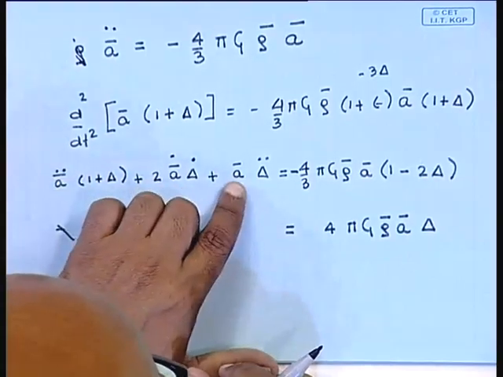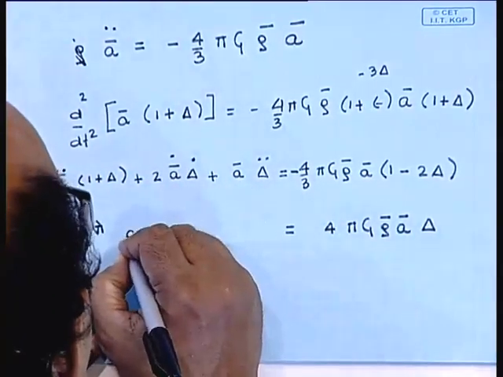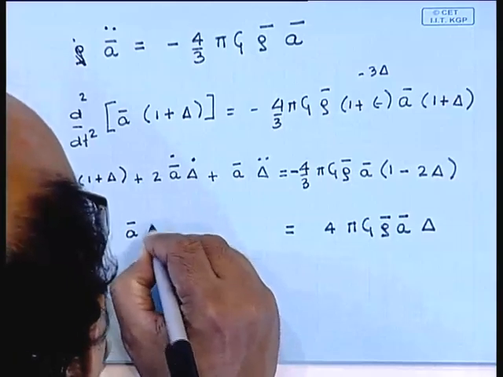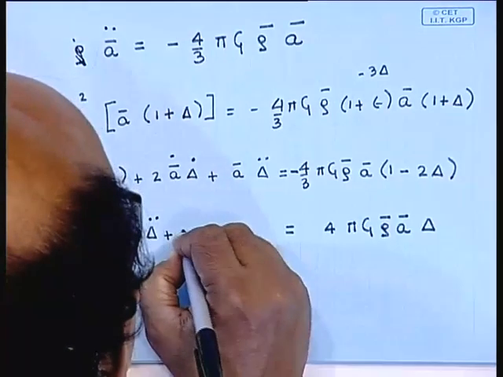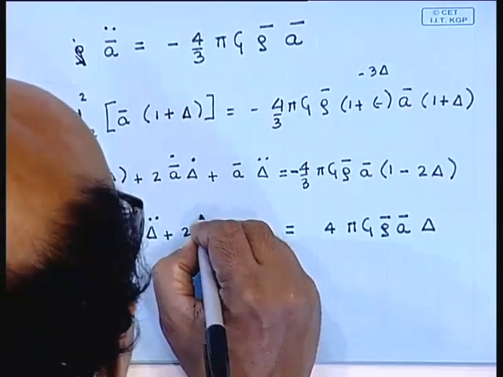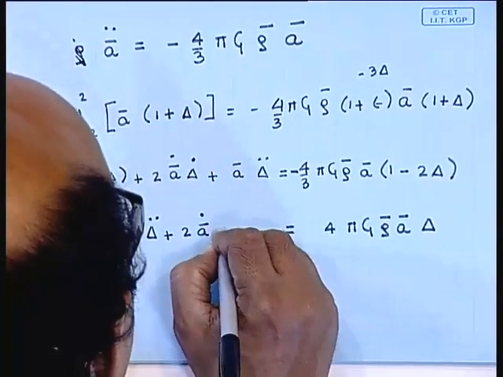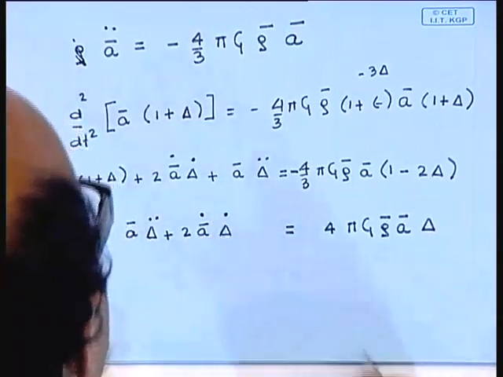Then what I have left is A bar delta double dot plus 2 A bar dot into delta dot.